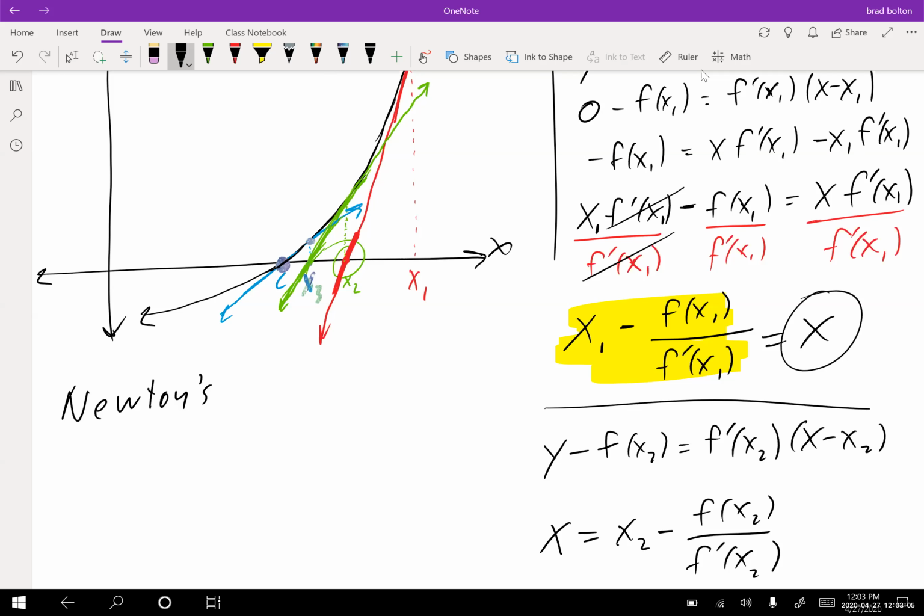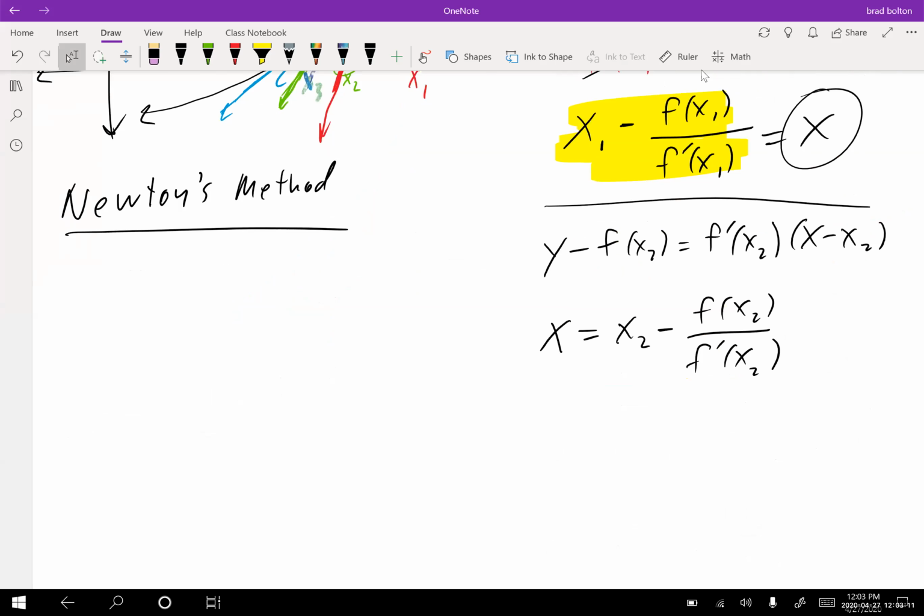So Newton's method uses iterations, and this is the formula for it. x sub n plus 1 is equal to x sub n minus f of x sub n all over f prime of x sub n. Okay, so here's the thing.